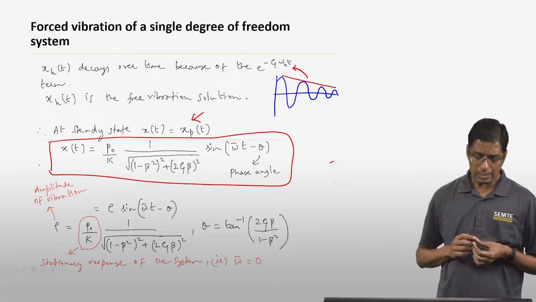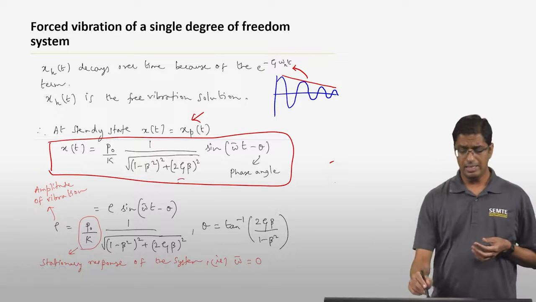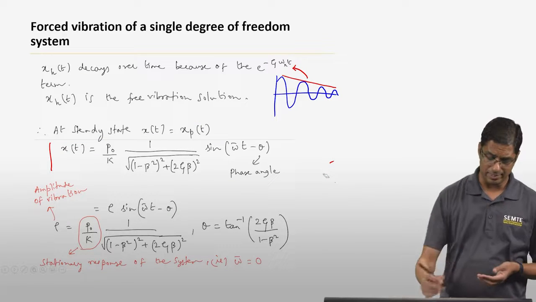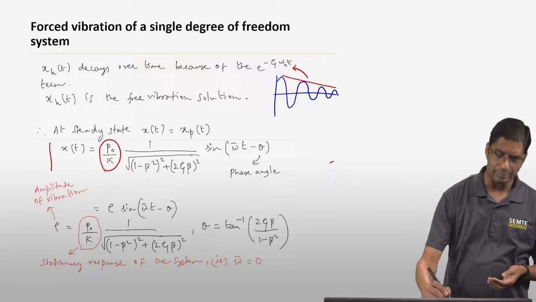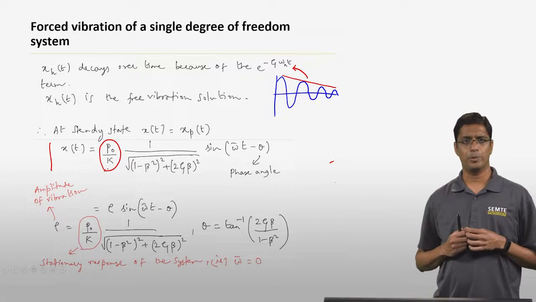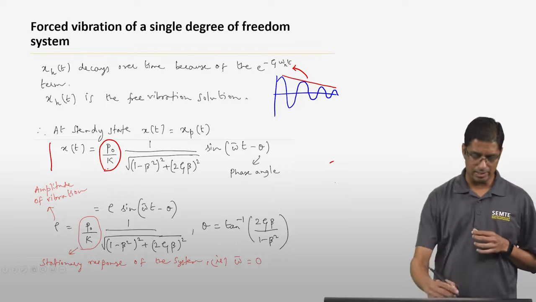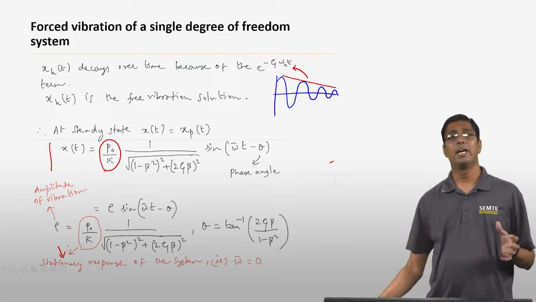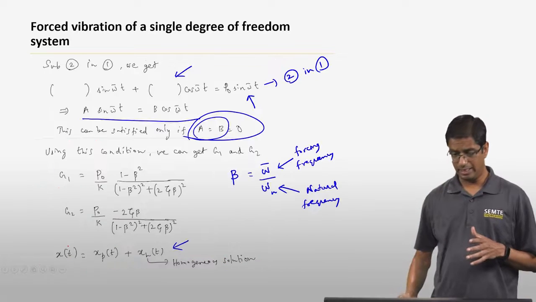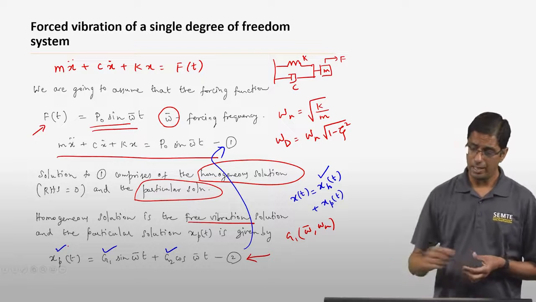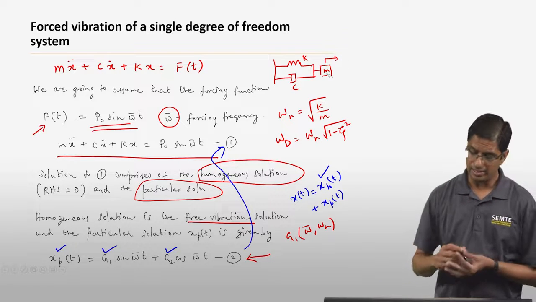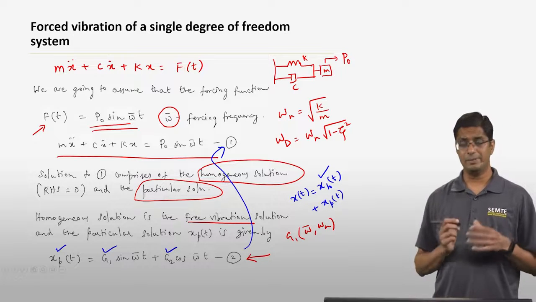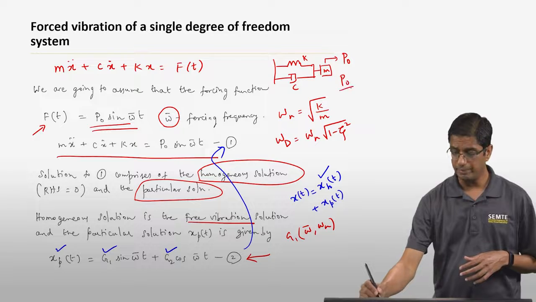Okay, now if you look at this x of t, there is something interesting here. The first term of this x of t is p naught over k. So what is that p naught over k? That is essentially what is called the stationary response of the system. What I mean by that is that if you have a single degree of freedom system like this, and you apply just a constant force p naught, then the displacement of the system is going to be p naught over k.